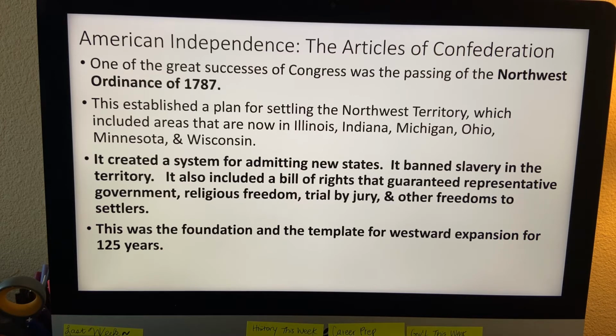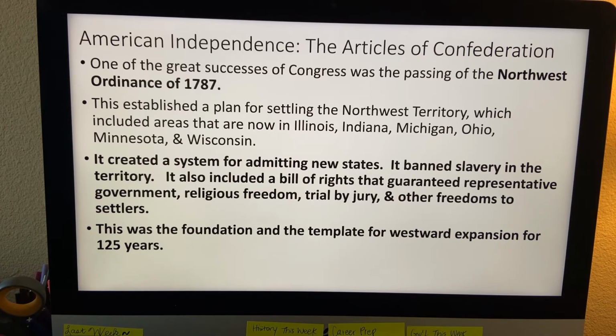It established a plan for settling the Northwest Territory, which includes areas that are now Illinois, Indiana, Michigan, Ohio, Minnesota, and Wisconsin. So if you take a look at the map of the United States, that's really a lot of areas up by the Great Lakes. I have a Crash Course video for you to look at, and he presents a map with all of those. So make sure you take a look at that as well.